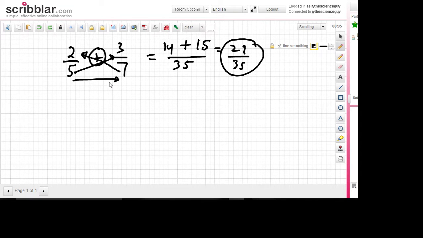We reduced it at the end. So times this way, times that way, and there it is. Follow that pattern. Write that question down and do it. 3 over 2/3 plus 2/3.